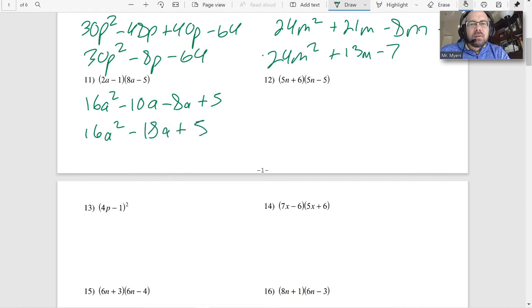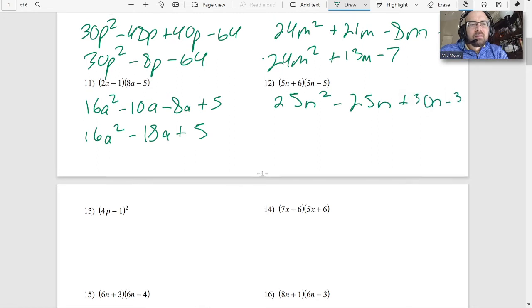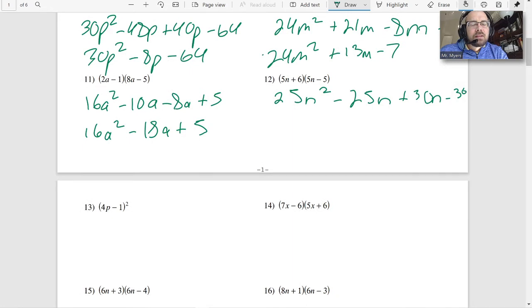All right, then here we've got 25n squared minus 25n plus 30n minus 30. And trying to squeeze in a 0, that's a 0. 25n squared plus 5n minus 30.